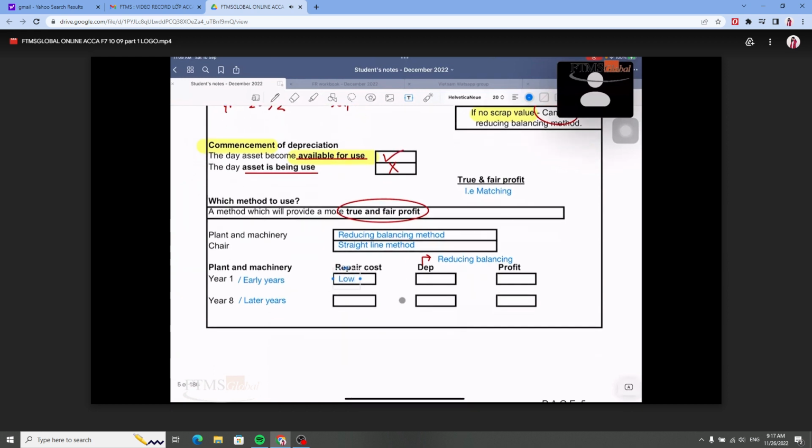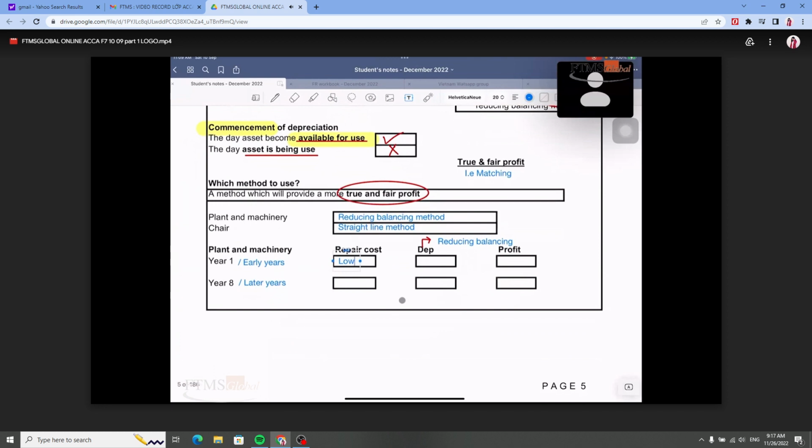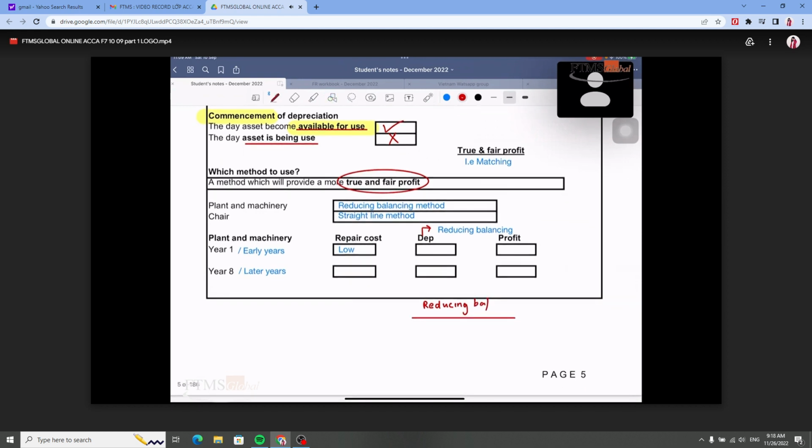Then depreciation, you are using the reducing balancing method. Reducing balancing looks like this. Let me just do a simple illustration. For example, cost is 10,000.